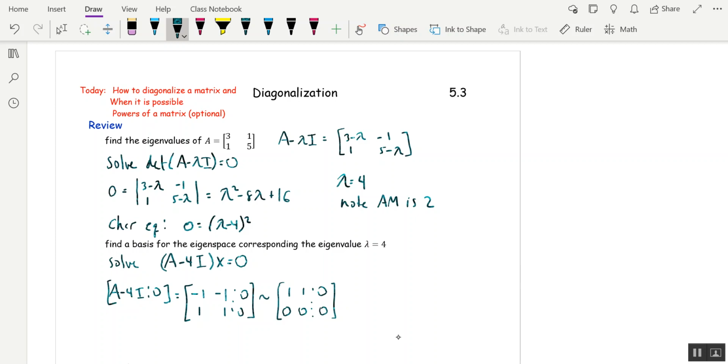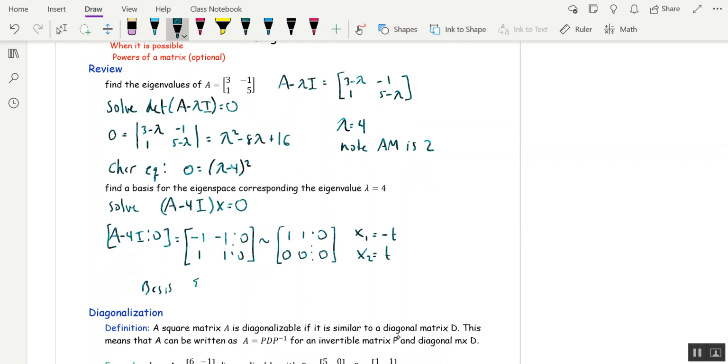So x2 is t, x1 is negative t, and a basis for the eigenspace is negative 1, 1. So the eigenspace is one-dimensional. The dimension is the number of vectors in a basis. So that tells me the geometric multiplicity of lambda equals 4 is 1.